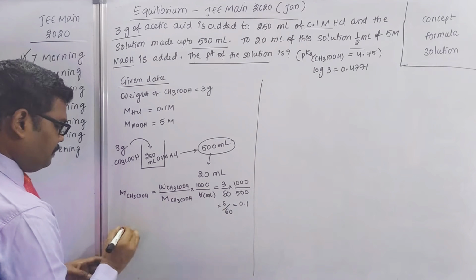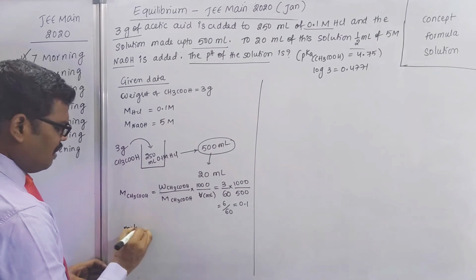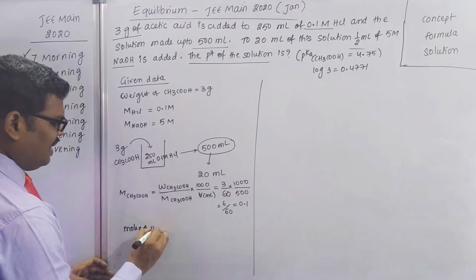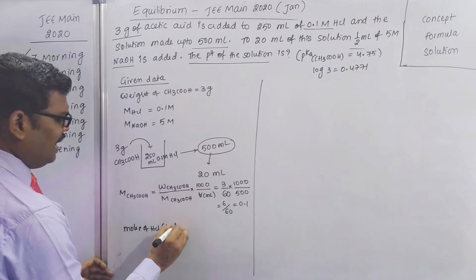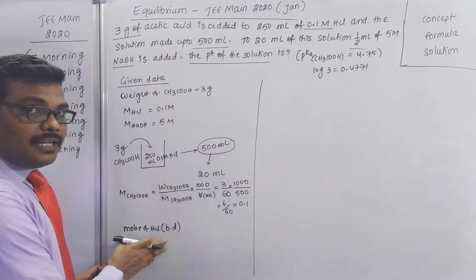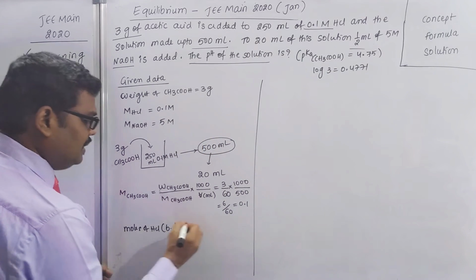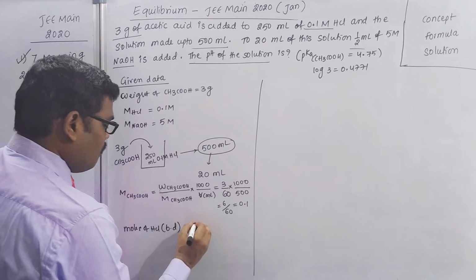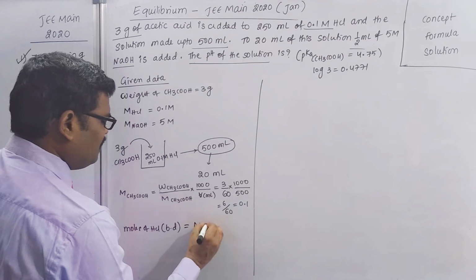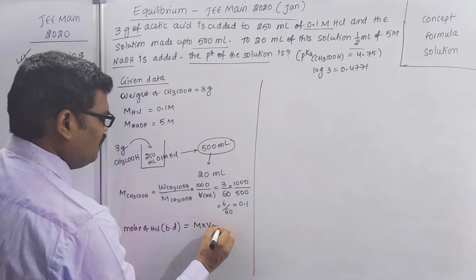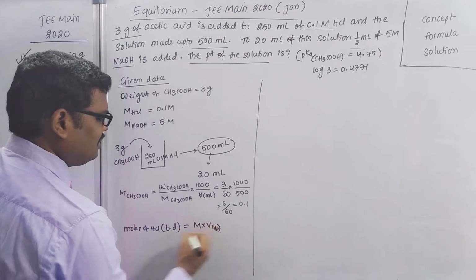You know, moles of HCl before dilution, meaning before adding water, is equal to molarity into its volume in liters.